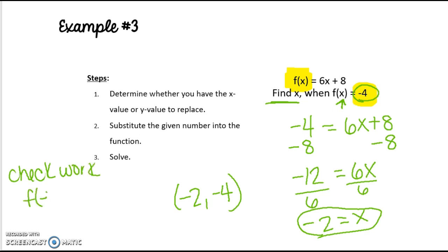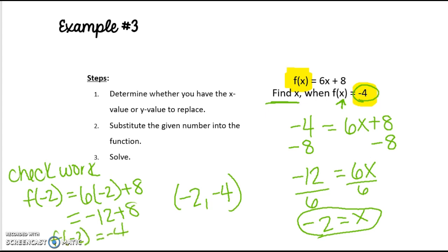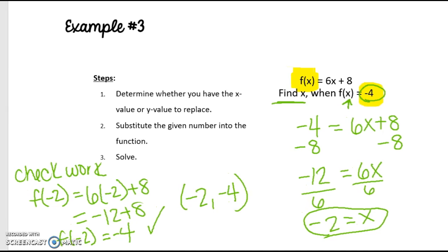If I plugged -2 in, if it was f of -2, 6 times -2 would be -12 plus 8. So f of -2 should equal -4. Well, that's true. That's what I found out. So with these functions sometimes, it is beneficial to check your work.